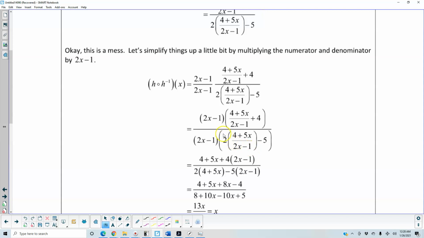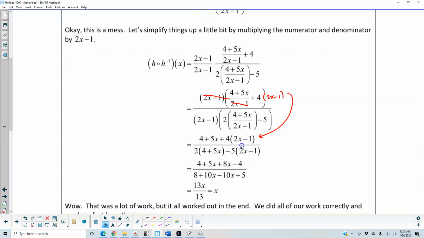So now what happens here? Well, we eliminate the 2x minus 1 here, and then we have to multiply 4 times 2x minus 1, which gives us this numerator here. And then likewise, we eliminate that one, and then this becomes 5 times 2x minus 1, which gives us this here.